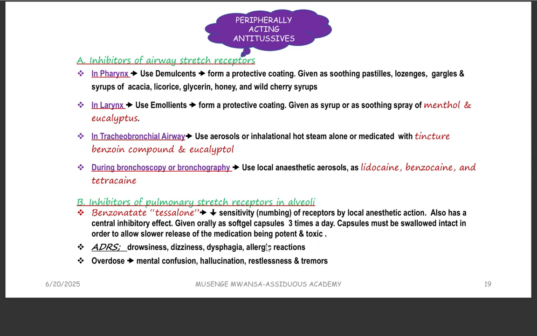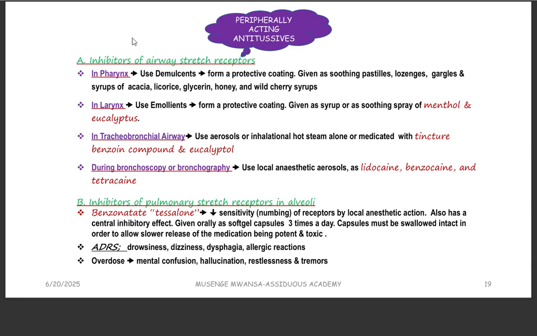The capsule must be swallowed intact in order to allow slower release of the medication, being potent and toxic. So the adverse reactions include drowsiness, dizziness, dysphagia, pain when swallowing, allergic reactions, and then for overdose, it can lead to mental confusion, hallucinations, restlessness, and tremors.